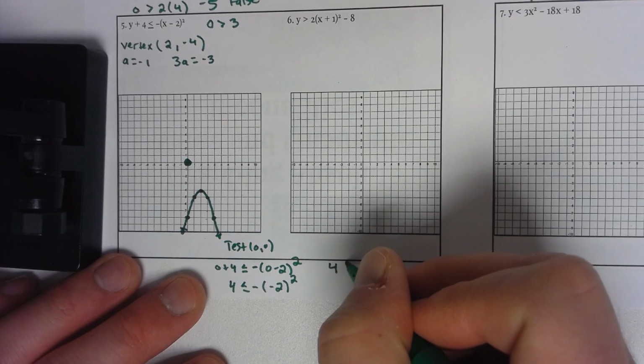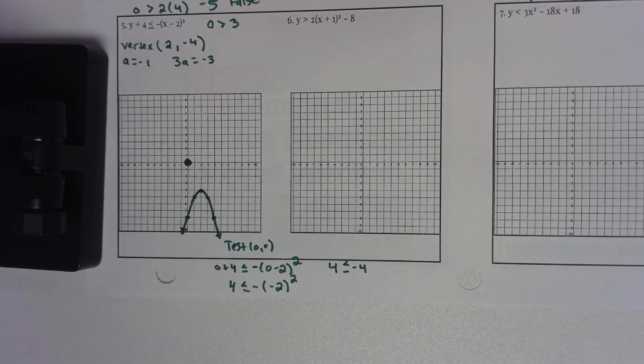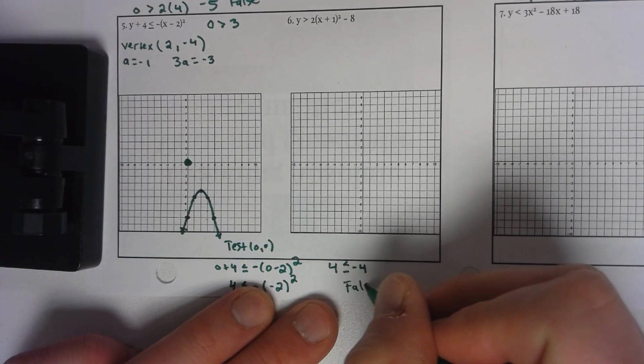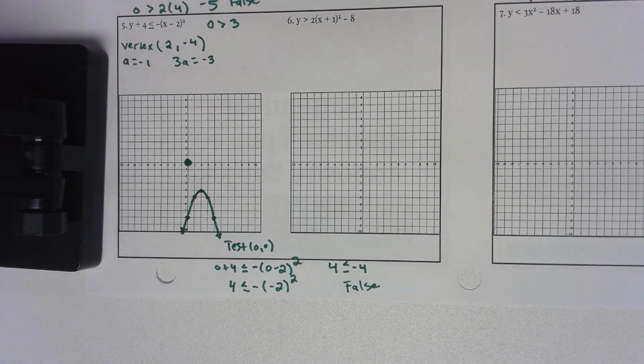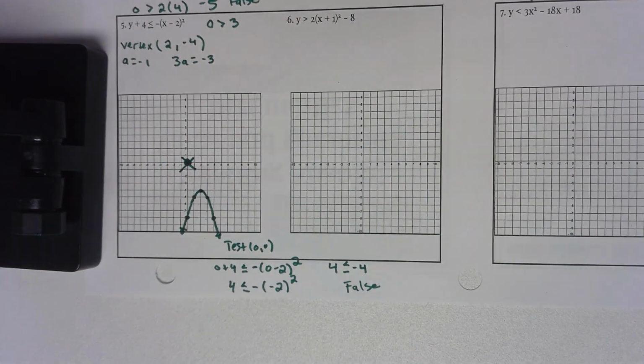So we're checking to see if 4 is less than or equal to -4. And that's false. Right? 4 is greater than -4. Okay, so that means this side of our graph that has 0, 0 does not make this inequality true. So I don't want to shade the outside part here.